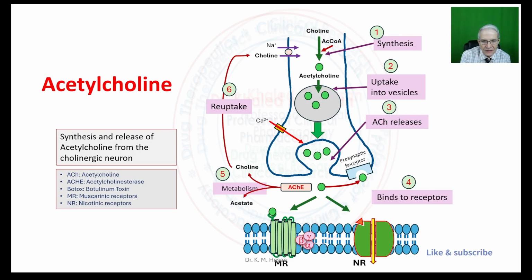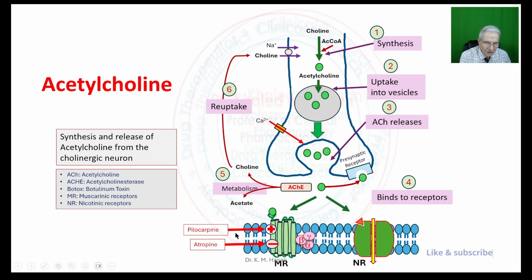In these steps from synthesis until reuptake of acetylcholine, some medications may affect these steps. We have it here on the screen now. For example, pilocarpine stimulates the muscarinic receptor. The plus here stands for stimulation.